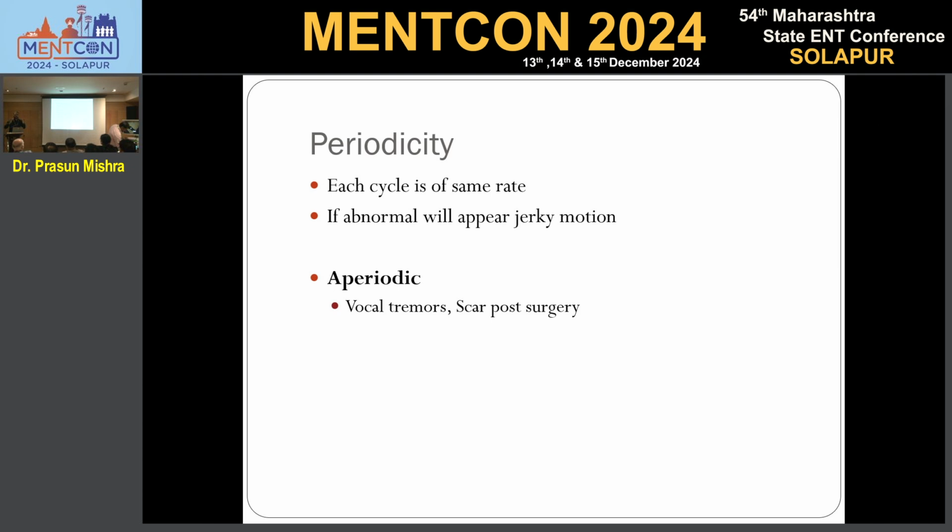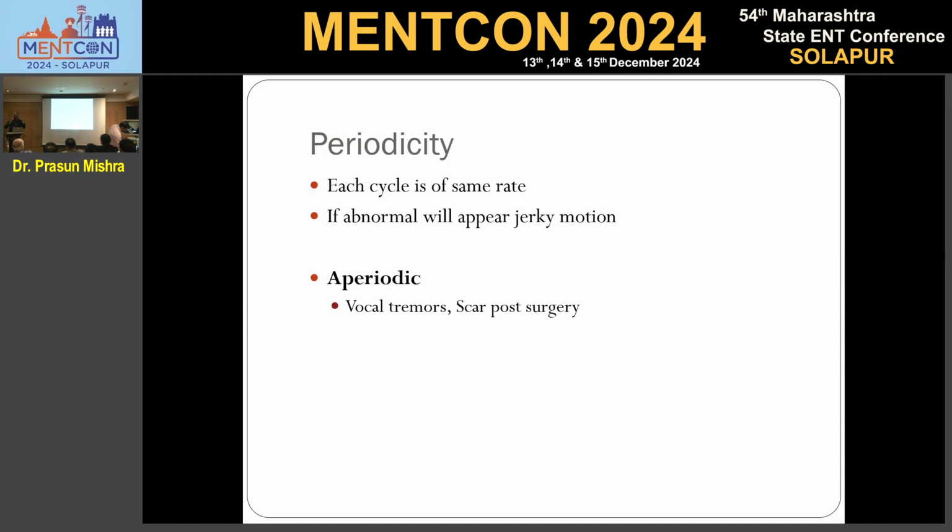Now try to understand what I am trying to say. Periodicity is whether it is moving in the time in which it should move, or not. So a better way is to adjust our strobe light accordingly, so it is a visual perception that we are having, and we see whether the waves are coming together or not. So periodicity is one very, very important point which you should understand.